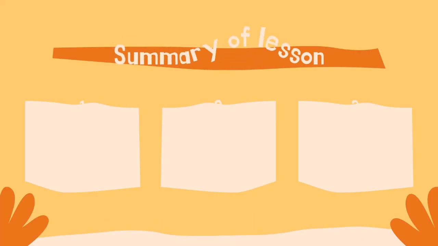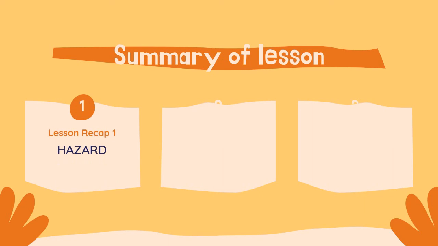Did you get a high score? Very good. So it seems that you already understand our lesson. For the summary of the lesson, lesson recap 1, which is the hazard. It is any source of potential damage, harm, or adverse health effect on something or someone under certain conditions at work.